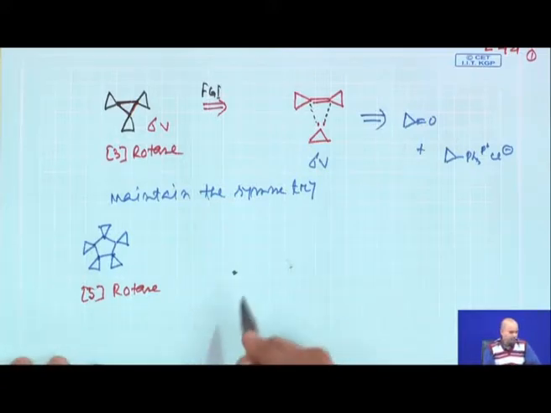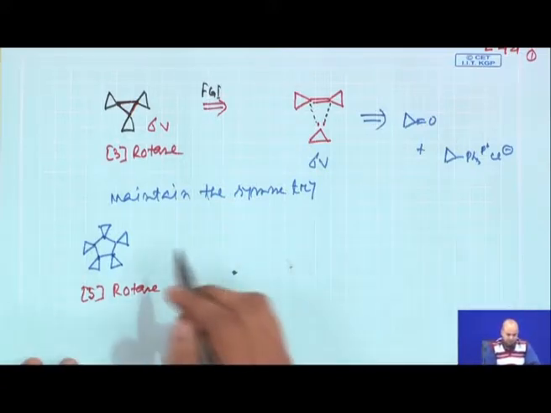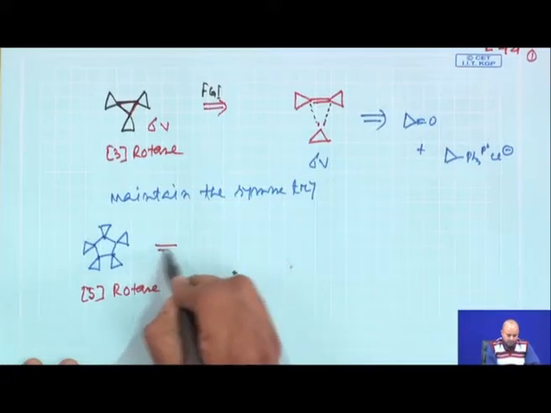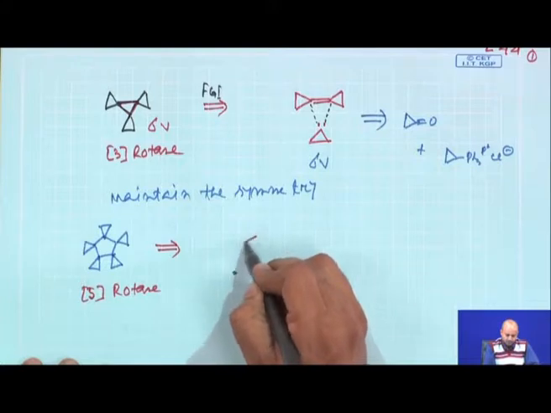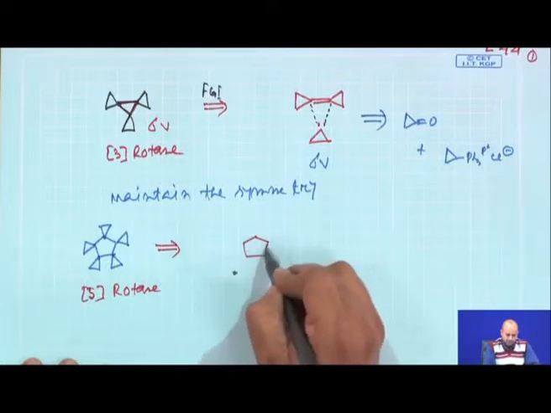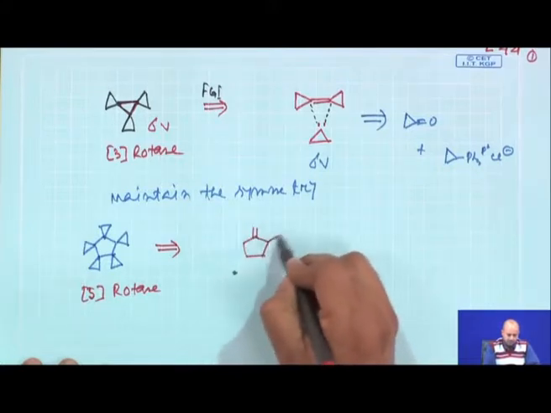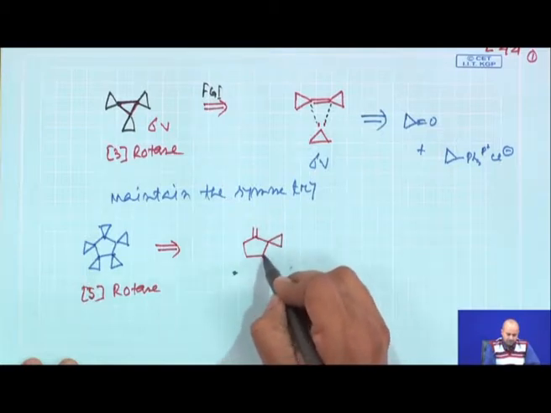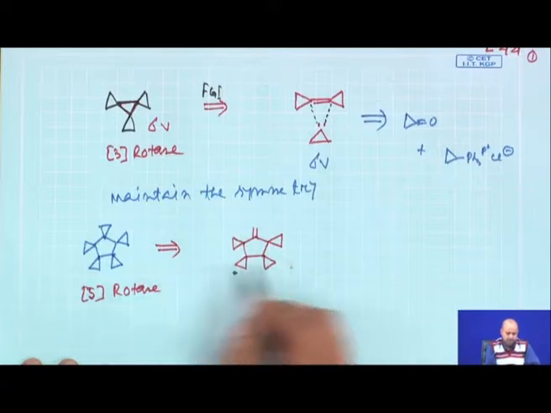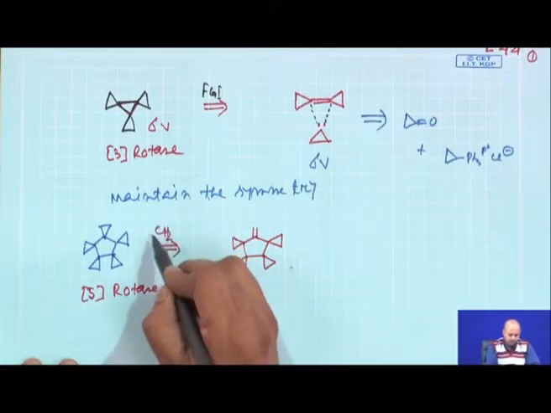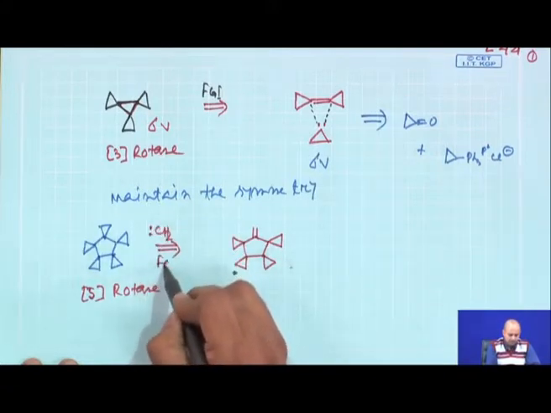Now, if you see this molecule, I will give you the clue how it can be done. Let us start with this molecule and stepwise keep on doing it. Initially we say if you have this olefin, you can do a simple carbene addition to this, an FGI.